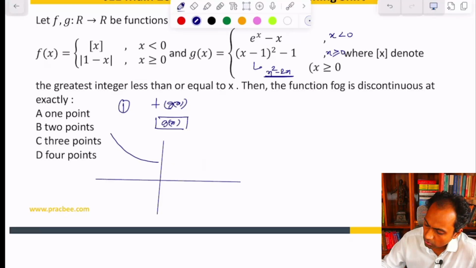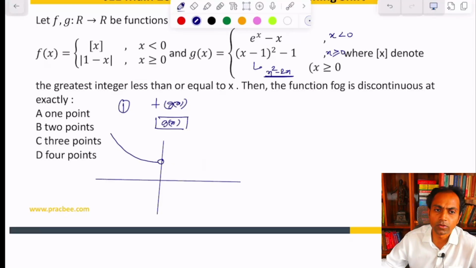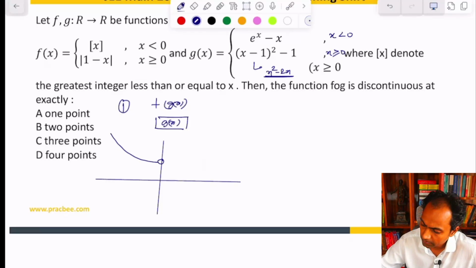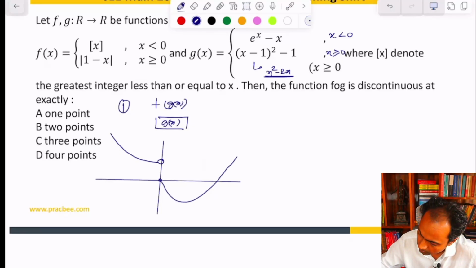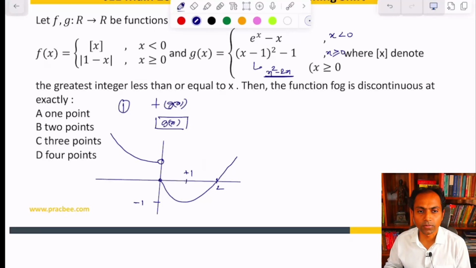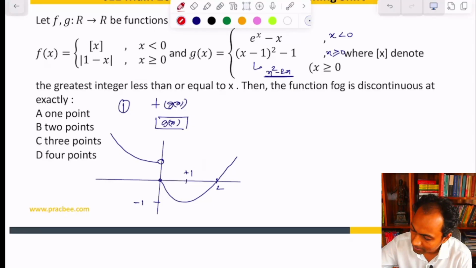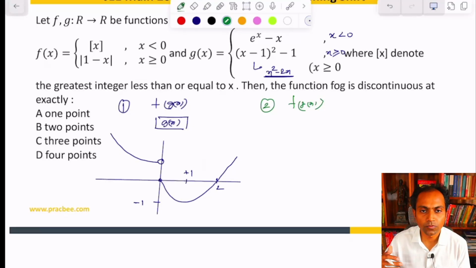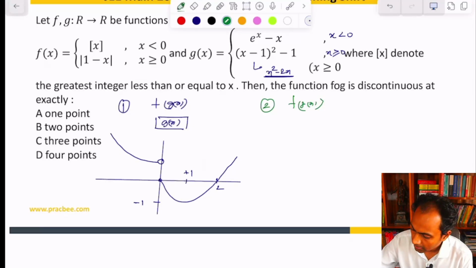So what we can do is draw the graph of e raised to the power x minus x. That graph is going to look like this. If you are not comfortable, you can use curve tracing to do it. And then here it will become between 0 and 2. So this graph becomes like this. Once you understand this much, this becomes a much simpler question, because now for finding the function f of gx in the second part, since the output of gx will become input for fx, whatever is the categorization here will be reflected on the y-axis.